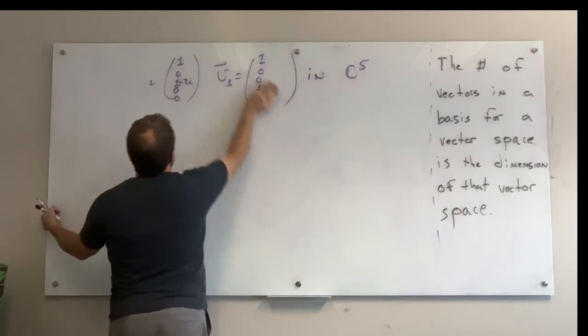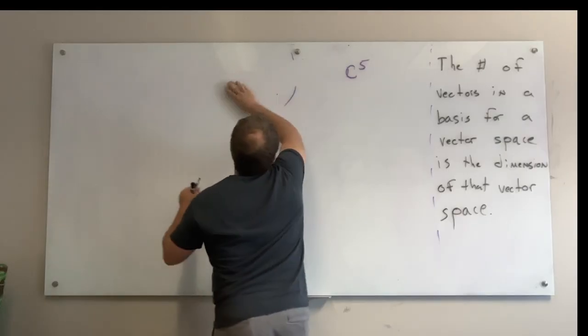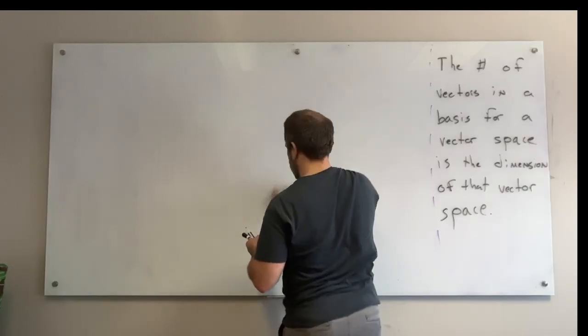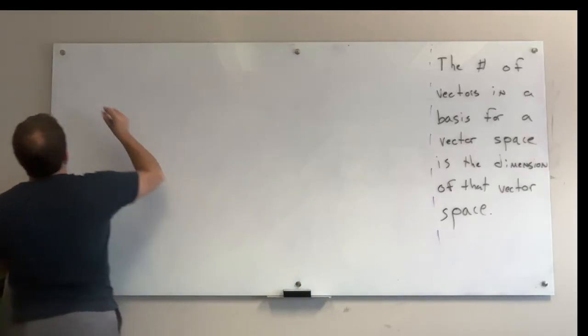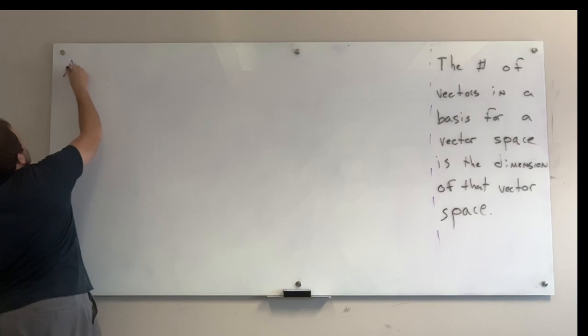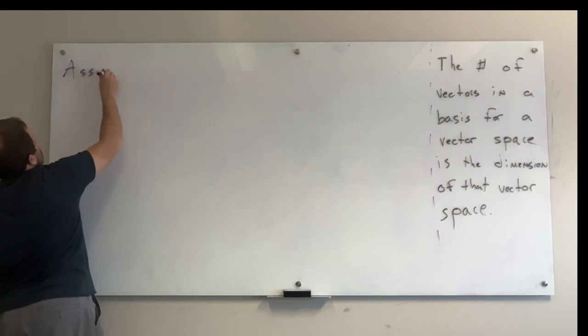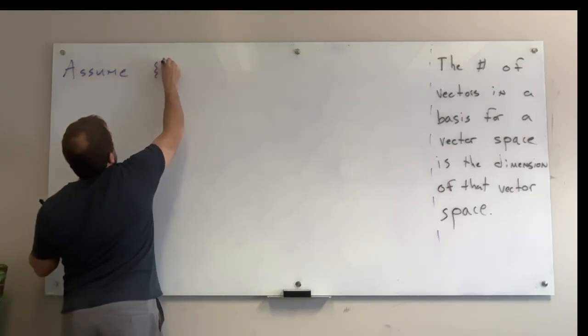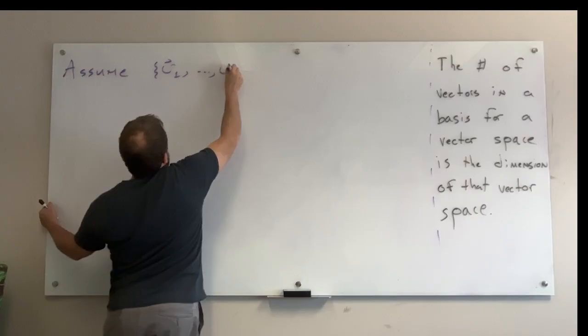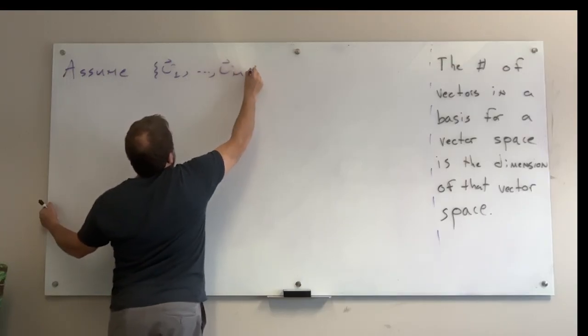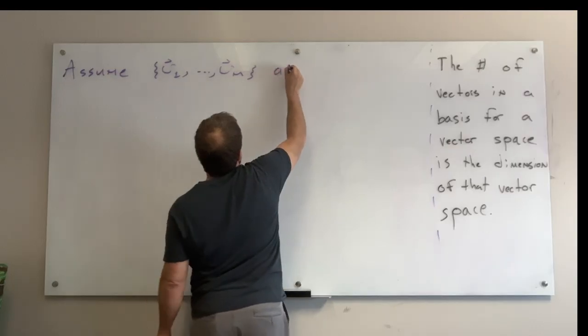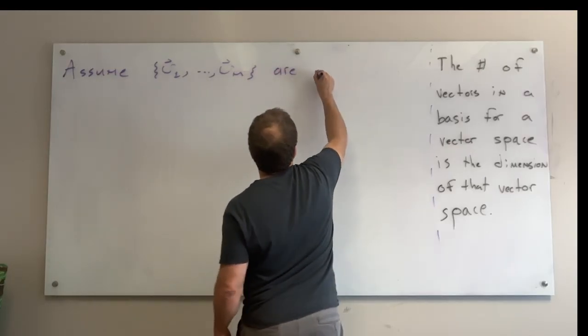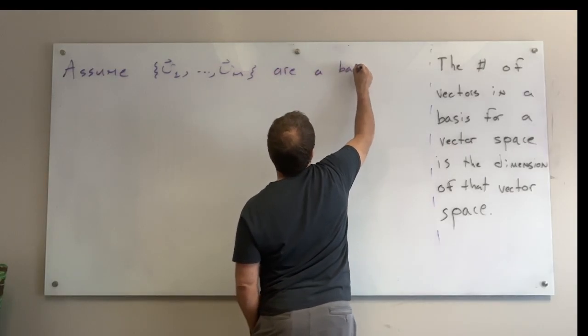Anyways, I'm going to state this pretty abstractly. Assume that the vectors v1 through vm are a basis.